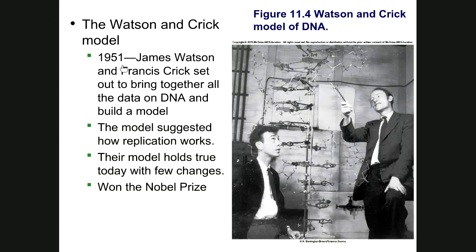So these two scientists finally discovered the model of DNA. This model also explains how the replication process works. That means how the DNA becomes duplicated, from one DNA to two DNA, from two DNA to 4 DNA. And the replication process is used in cellular reproduction.